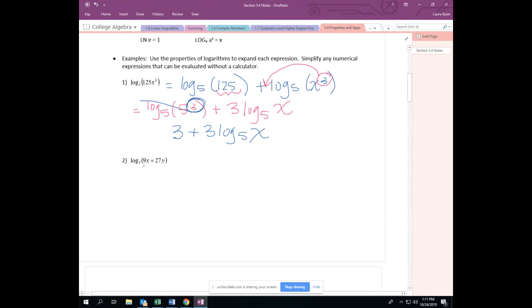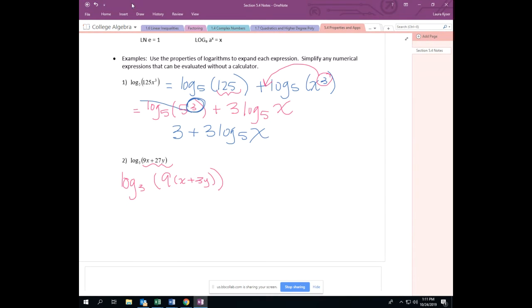So what we're going to do to create a product is factor out the common factor from this expression. And the common factor for each one of these is 9. So it's going to look like log base 3 of 9 times x plus 3y.